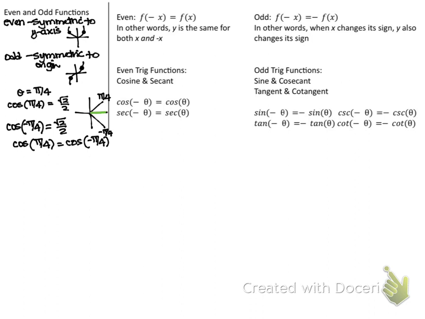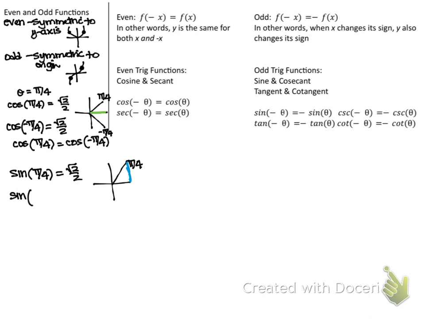Whereas if we take a look at sine, so let's say I have sine of pi over 4. Sine of pi over 4 I know is root 2 over 2. I know pi over 4 is up here, but we're taking a look at the y value of this. So there's the y value right there. Notice that we're going up, which is why it's positive.